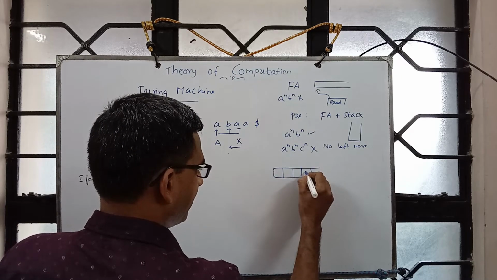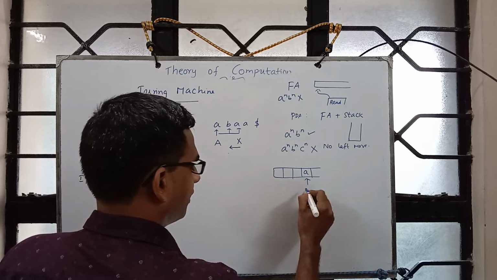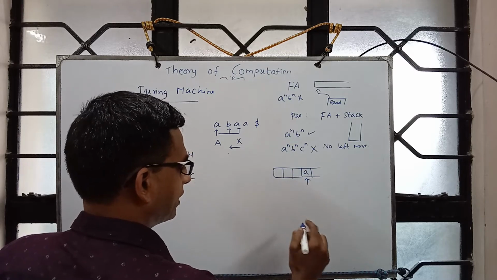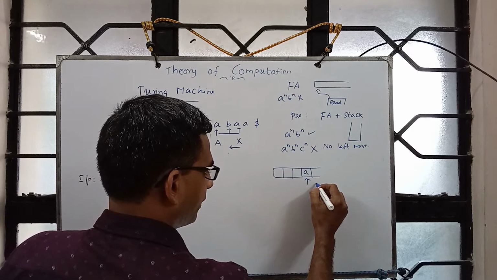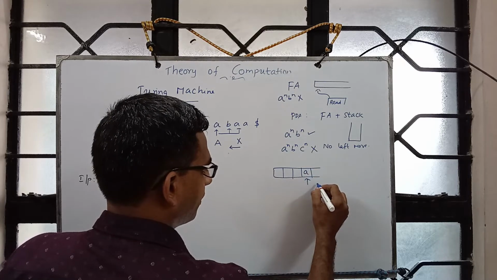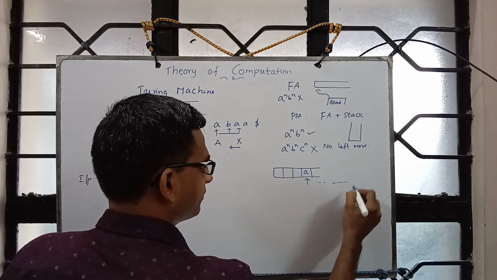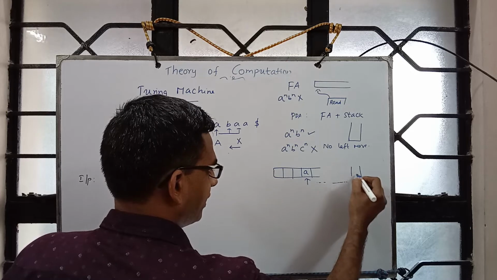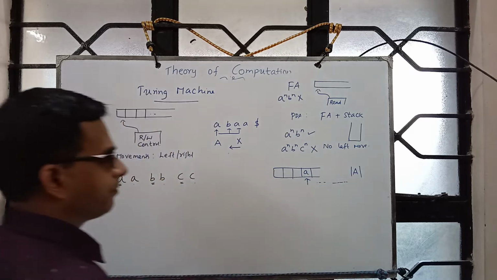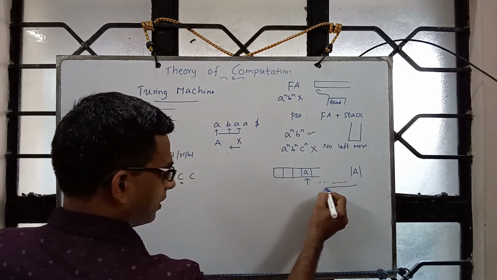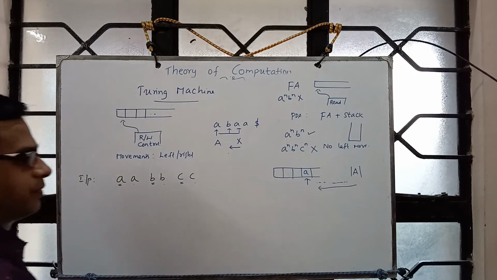In case you want to replace this symbol by something else, that write is allowed. Or you want to remember that you have read A. Maybe you can move right by a couple of cells, and somewhere here you can write capital A. Then come back and then read the next symbol.